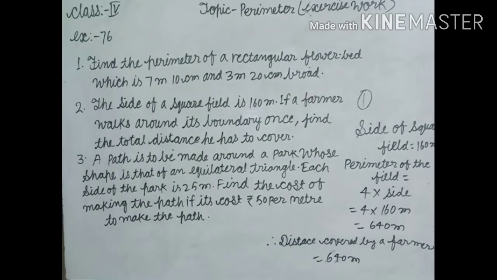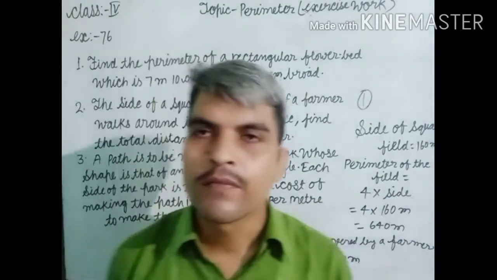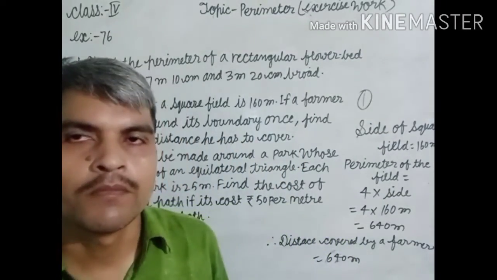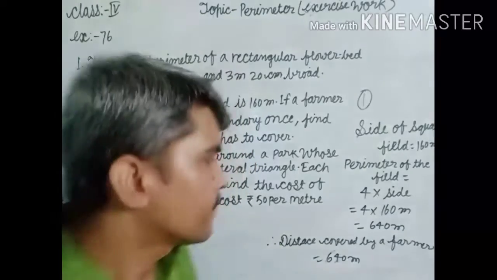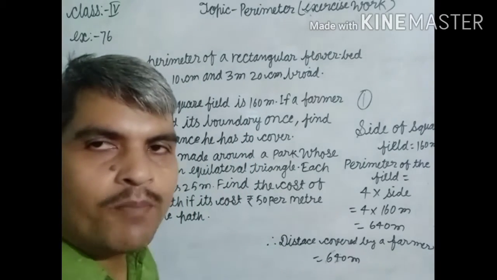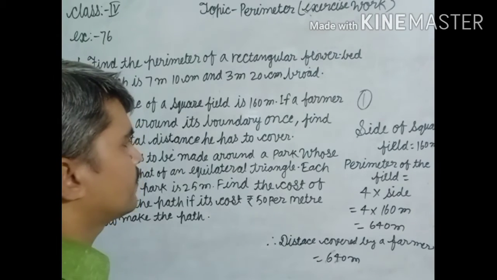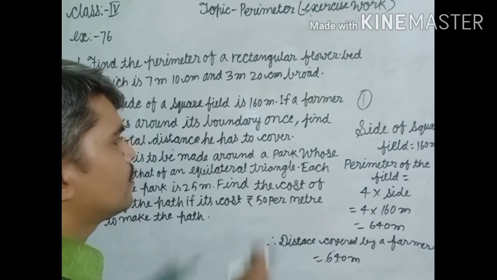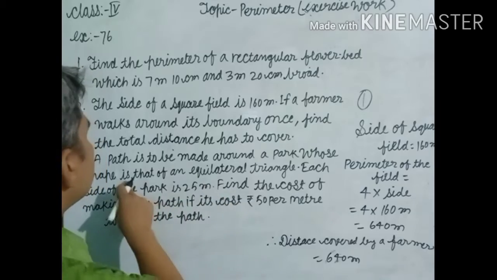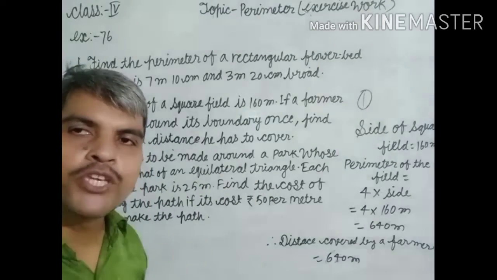Now the next question. A path is to be made around a park. You go to a park and there is a path around the park. Which type of park? Rectangular park, spiral park, equilateral park, pentagonal park. Here in the question, the shape is that of an equilateral triangle.